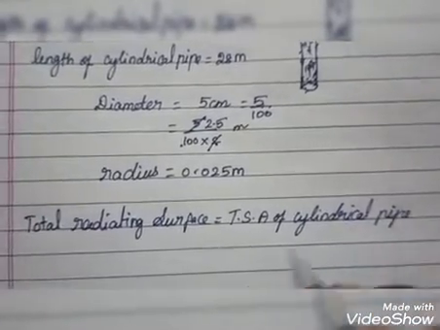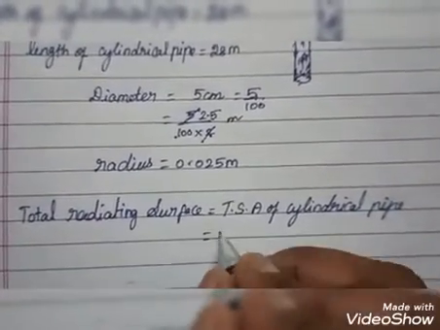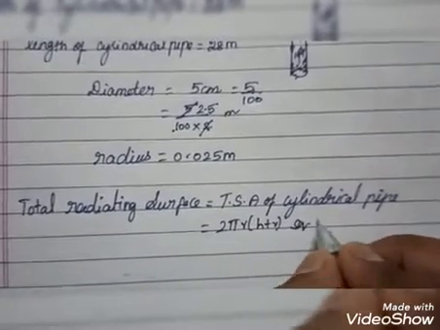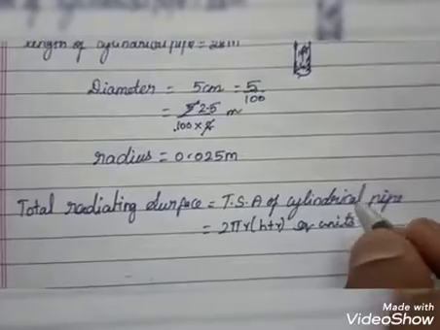Total surface area of a cylindrical pipe. So this is a cylinder, so 2πr(h + r) square unit. This is the formula to find the total surface area.